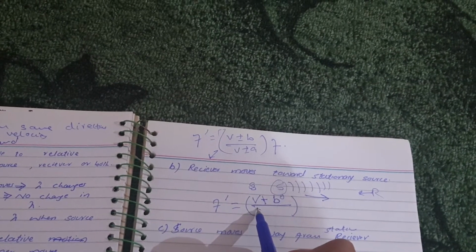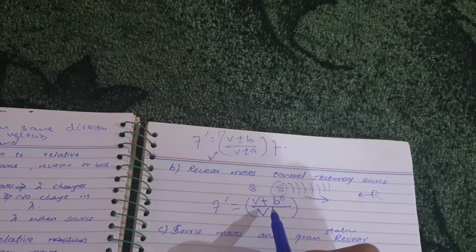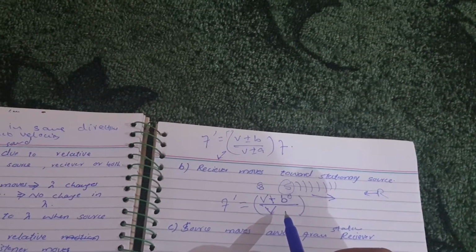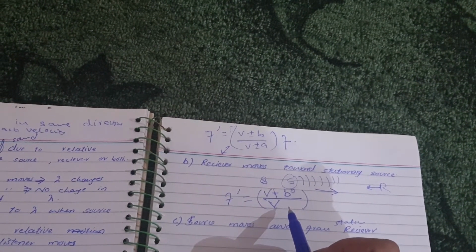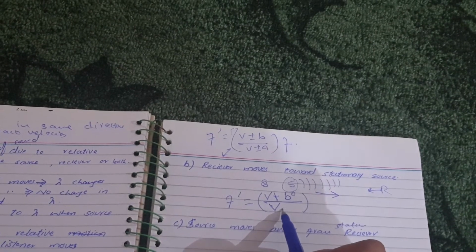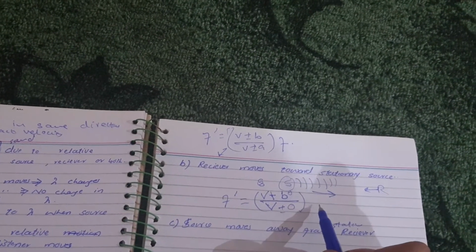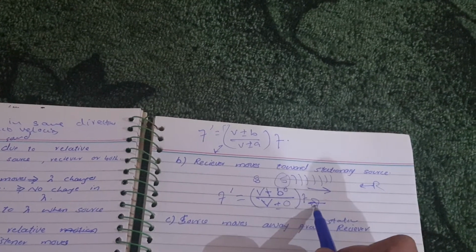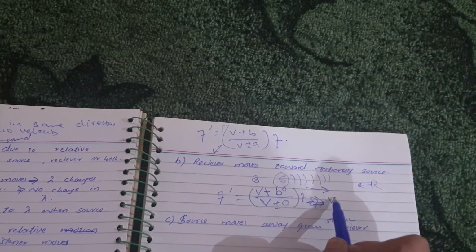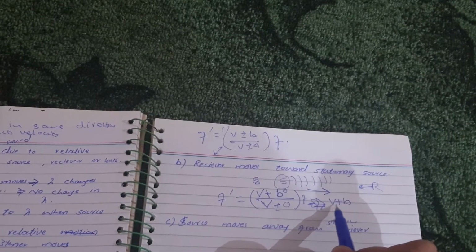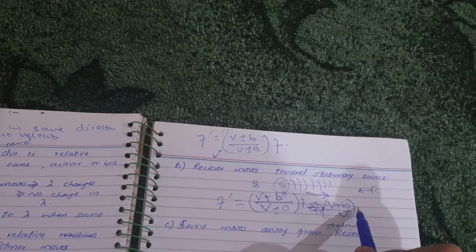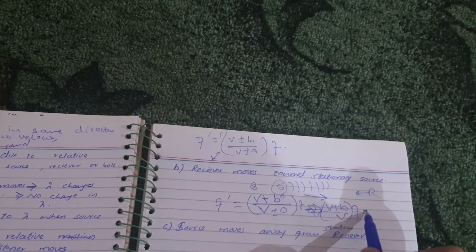Now again write the velocity of sound. For the source, if the source is at rest, it is plus or minus into 0, so this leads to v plus b divided by v into f. This is one of the main things.